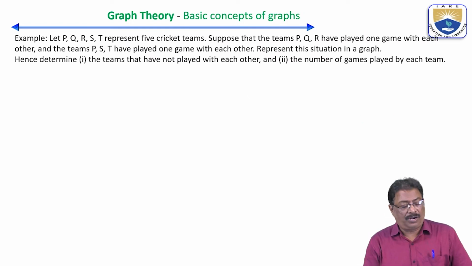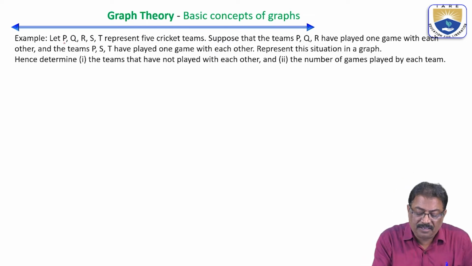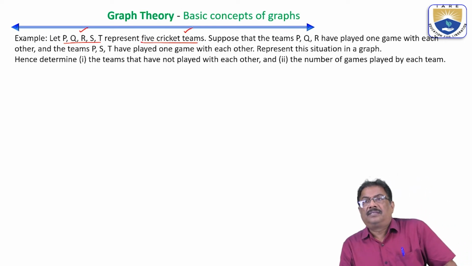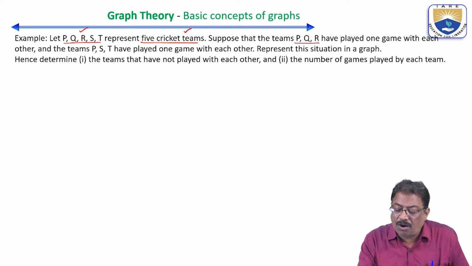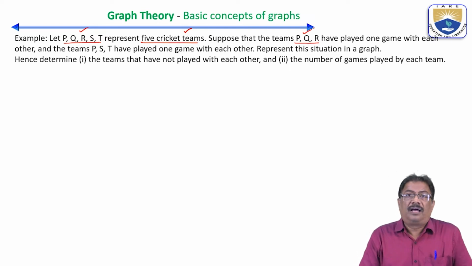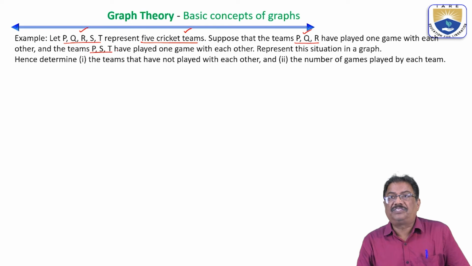Now here a simple problem is given. P, Q, R, S, T represent 5 cricket teams. Suppose the teams P, Q, R have played with each other and the teams P, S, T have played with each other.